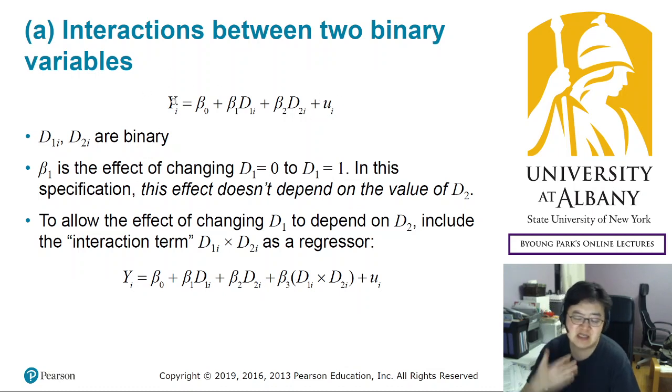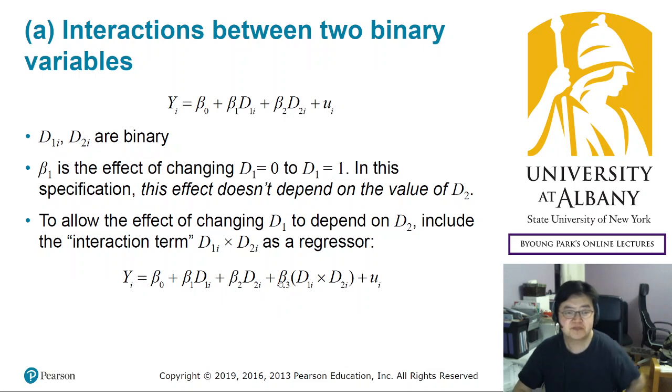But as in our previous example, we need to incorporate the effect of D1 dependent on D2. So that is done by including the interaction term. So if the effect of D1 depends on D2, you have to include the multiplication between D1 and D2 and add another parameter beta 3.